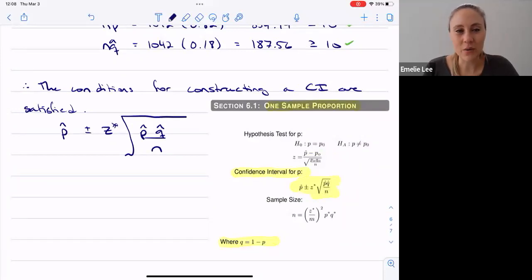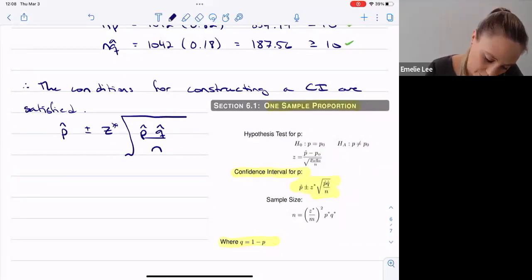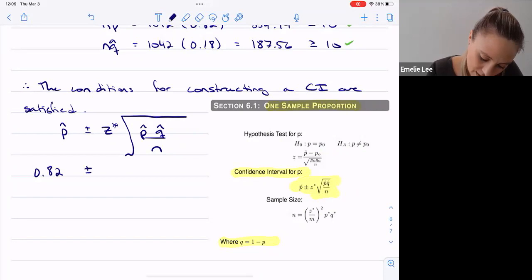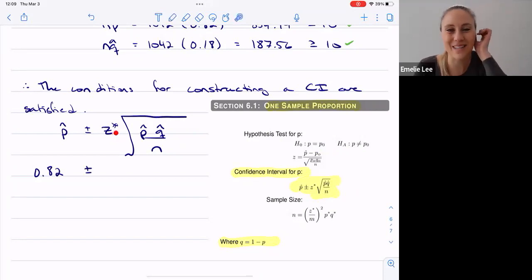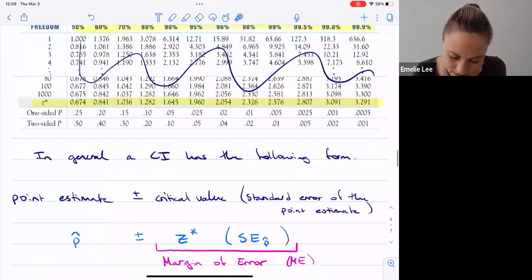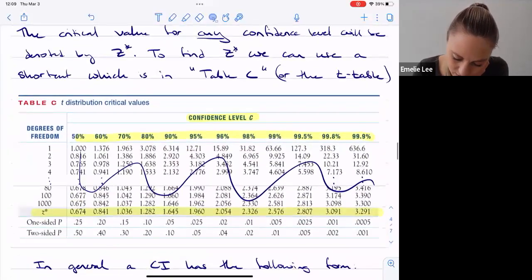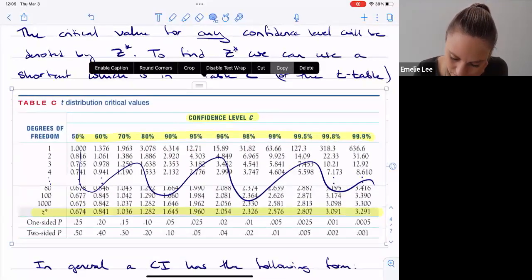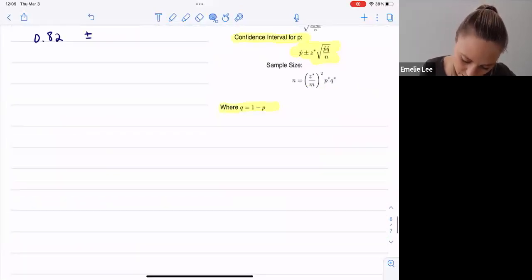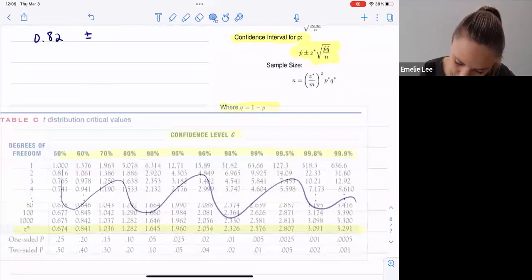p hat, we know that's our best guess at the proportion of New York adults who favor this mandate. So 0.82 plus minus. Now, how do we find z star for a 90% confidence interval, right? I'm going to use this table that I created, copy, put it down here.